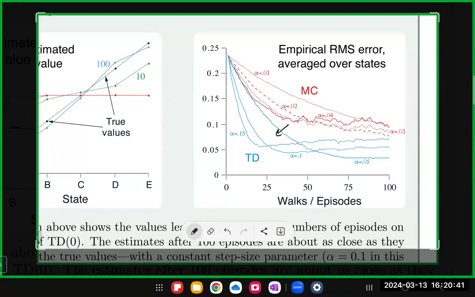Okay. So when you choose a small alpha, initially your error might be high, but it will gradually keep getting closer and closer to your true values as the number of episodes increases. But a higher value of alpha might give you slightly better initial convergence, but after that it will kind of saturate.